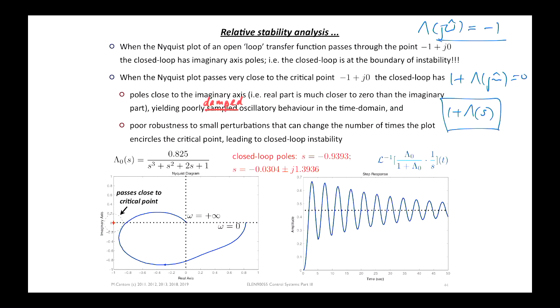And so being too close to the critical point will give you a system that's not very robust to modelling uncertainty. Okay, so there's lots of reasons for wanting to stay away from the critical point. So how do we measure how close we are to the critical point?